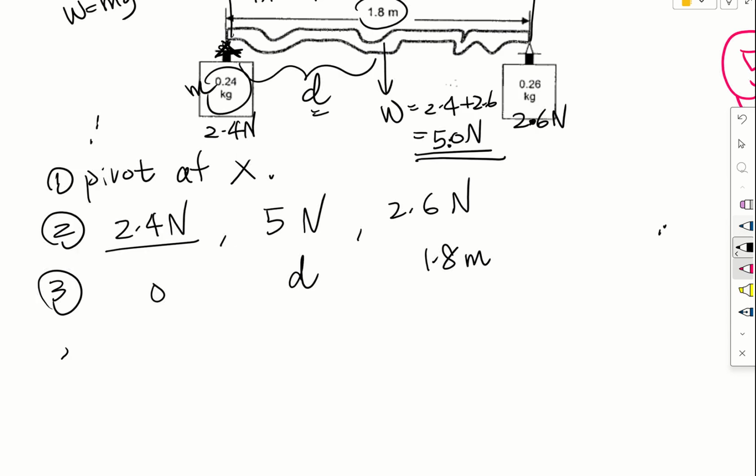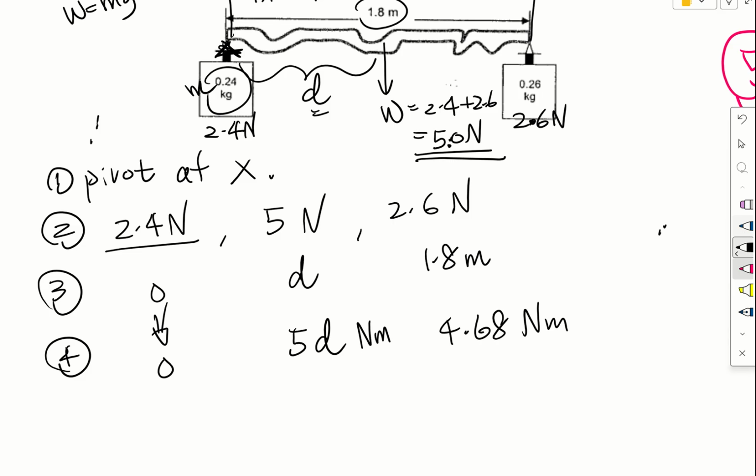Once you get this, the rest will be simple. The moment will be 0 for the 2.4 N, and with a perpendicular distance of D, it will be 5D for the 5 N. And for the 2.6 Newton at the end, with a perpendicular distance of 1.8 meters, 2.6 times 1.8, I'll get 4.68 Newton meter. These are the units.